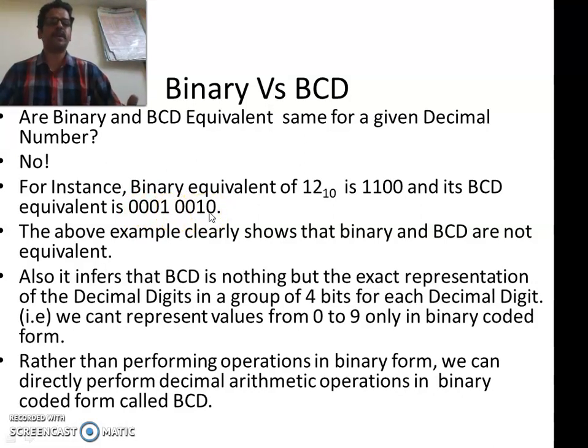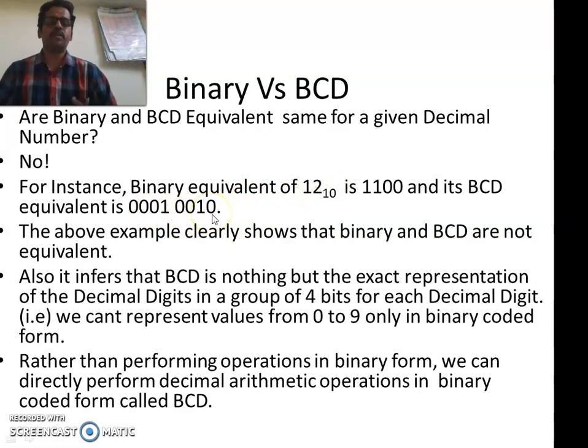This itself tells that the binary equivalent and BCD equivalent of a given decimal number are not at all the same. One more inference from this example is that any decimal number can be represented in BCD by a group of 4 bits for each decimal digit. Here for the decimal digit 1, its equivalent group of 4 bits is 0001. For decimal digit 2, its equivalent group of 4 bits is 0010.